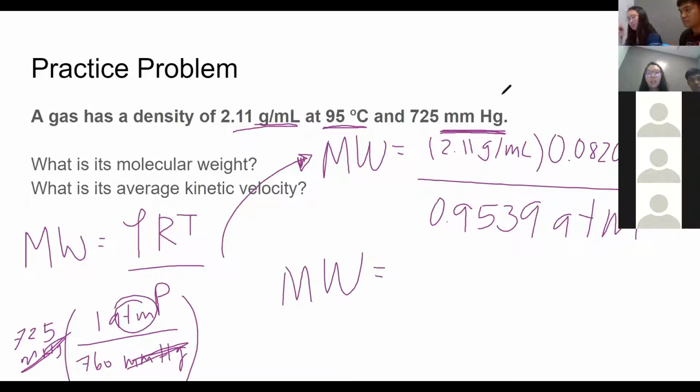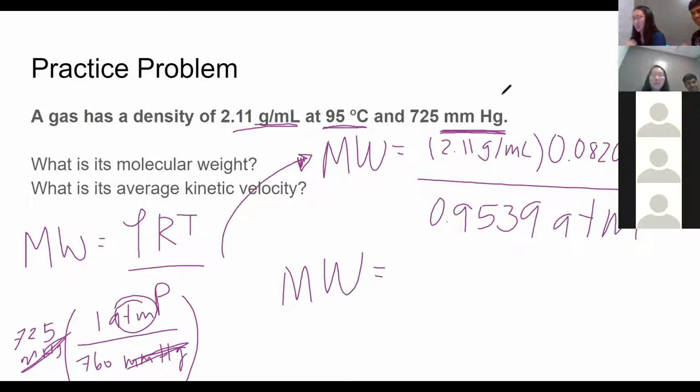I have a question. Doesn't the R constant have units of liters? So wouldn't we need to convert the density into liters also? You're right. Oh wait, this density is in grams per milliliter.